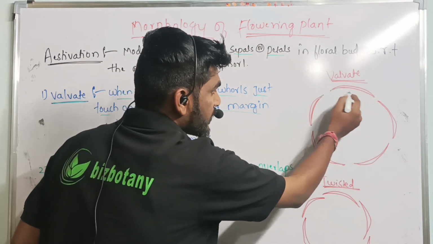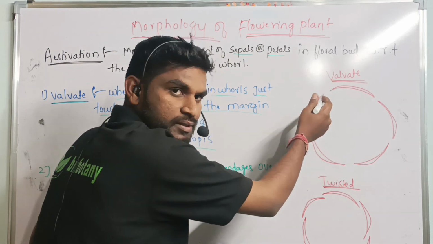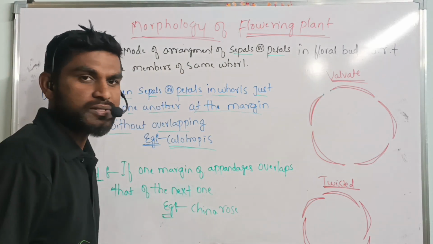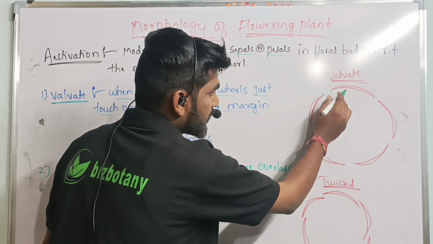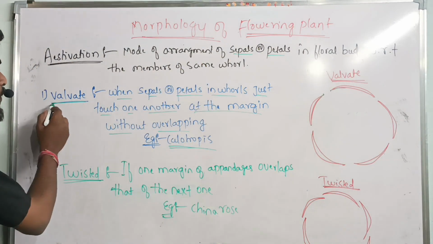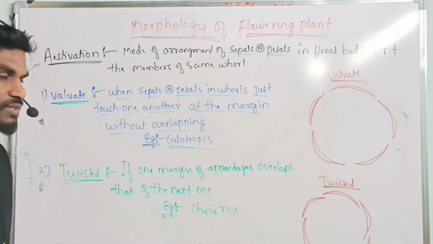The petals are touching each other at the margins without overlapping. Such type of aestivation we call valvate aestivation.